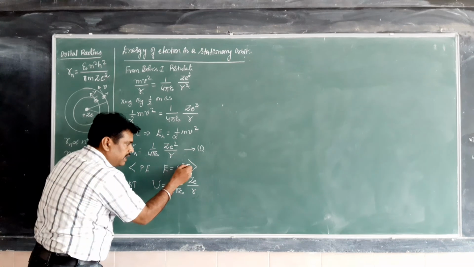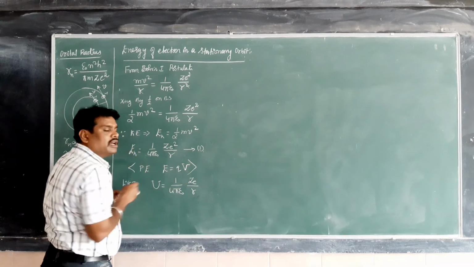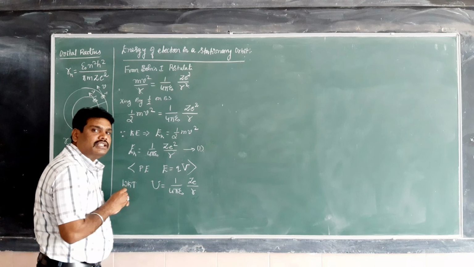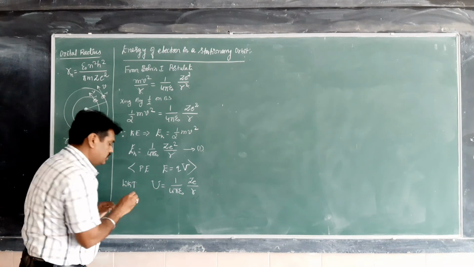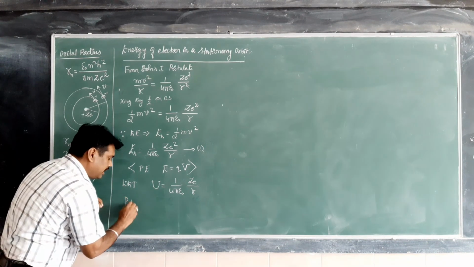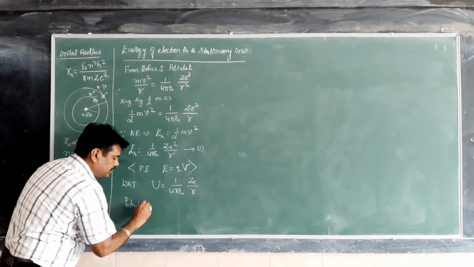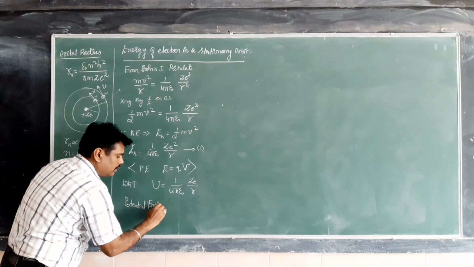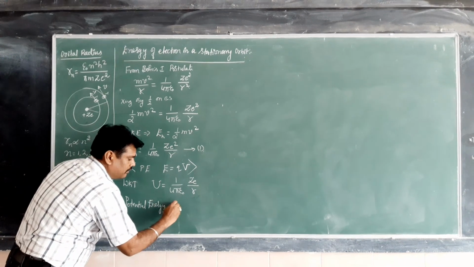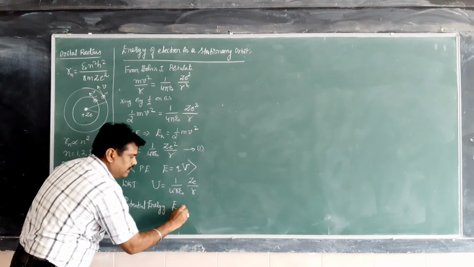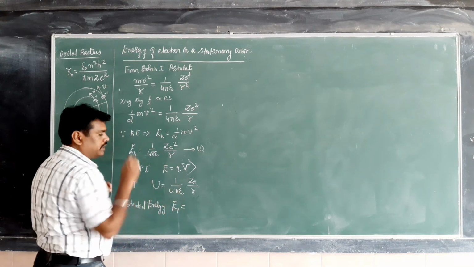So if I multiply this potential with the charge, we will get the energy. That energy is potential energy. Therefore, I will consider Ep is equal to the product of charge and potential.